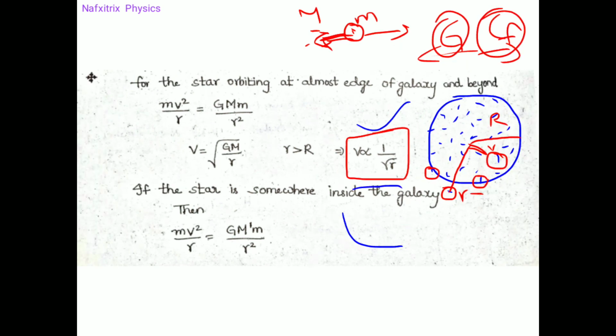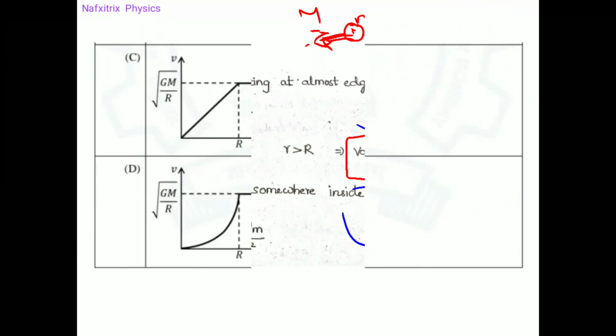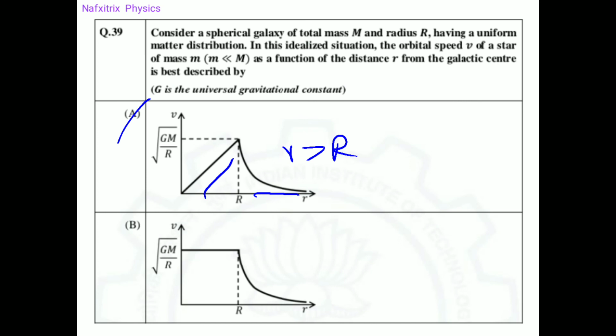So as r increases, velocity v goes on decreasing. So this is the appropriate graph for this question.